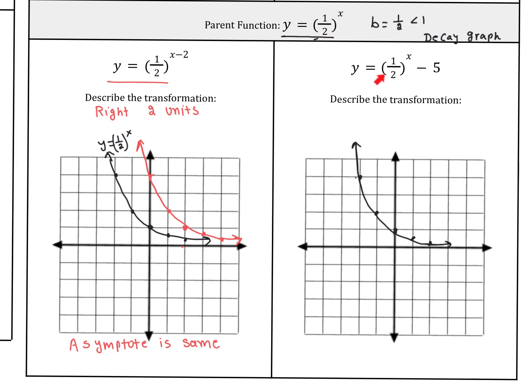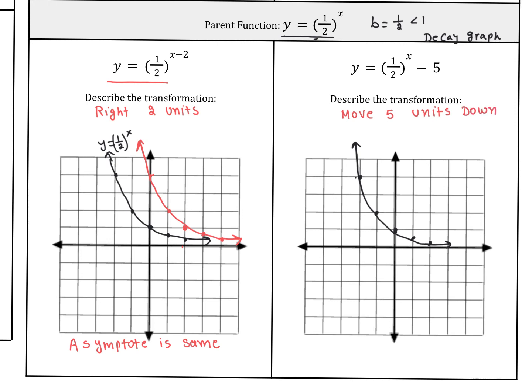Now we are going to figure out what this graph is going to be. The negative 5 is outside of the function. It means this is used for moving the graph up and down. So this is going to move 5 units down.